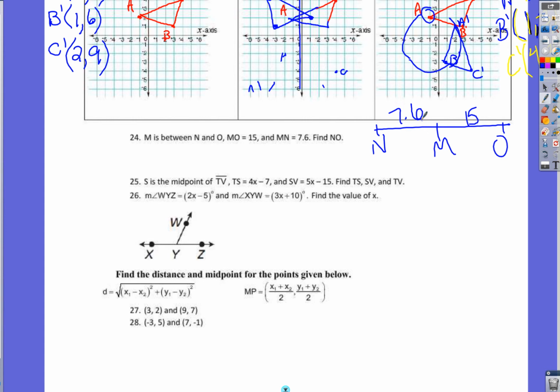Part plus part equals whole. If I subtract this, and it's asking for the whole line, it's asking for NO. I'm going to add them. Pay attention to what it's asking for. Sometimes you subtract, sometimes you add. Depends on what you're looking for. So to get NO, I'm going to add. 7.6 plus 15 is how much? 22.6.